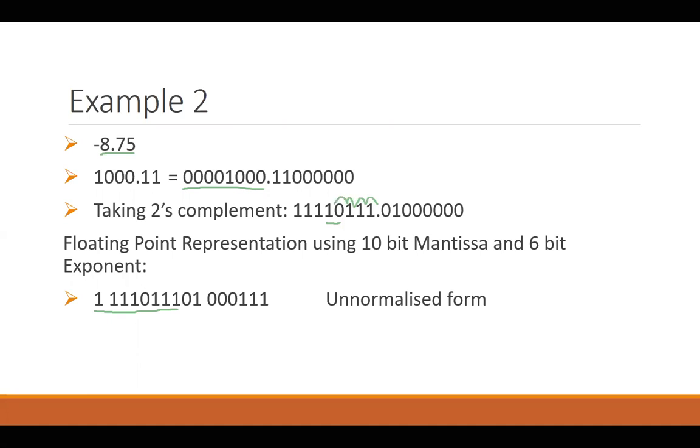So my exponent is going to become 4. As you can see, my exponent is 4. The first 10 bits of my value are in my mantissa, and it is in normalized representation because it is starting from 1, 0.